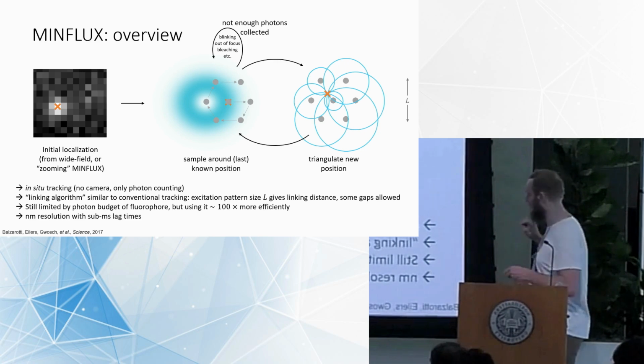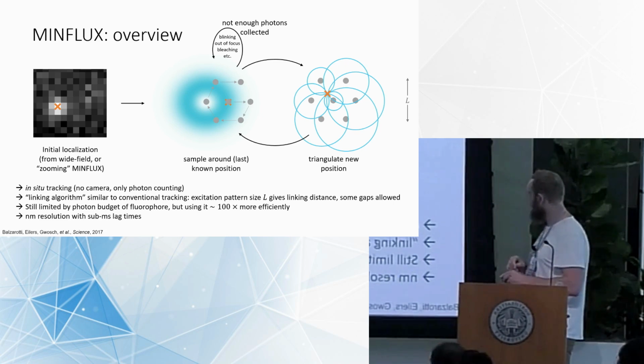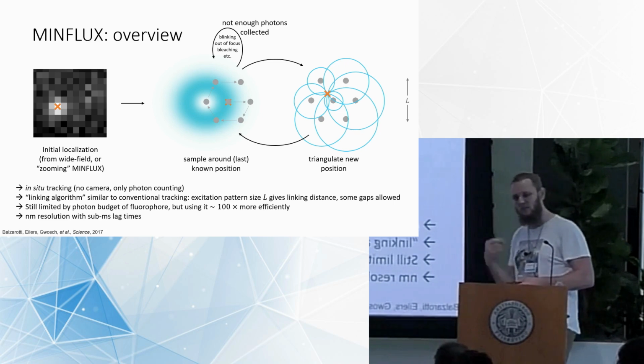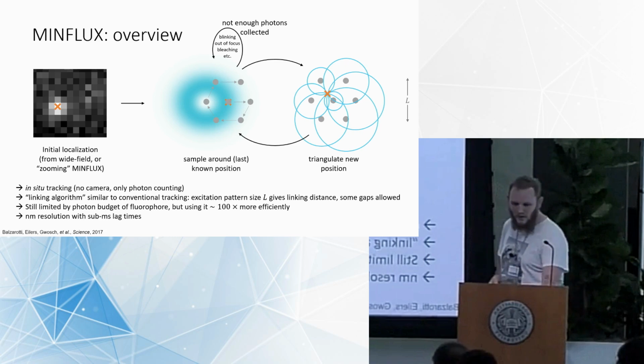I had nothing to do with the original development. What they show is that it provides nanometer resolution in space with sub-millisecond lag time. So it really allows us to track things very fast and very precisely in living cells.